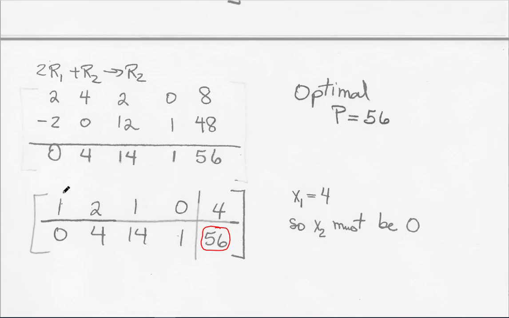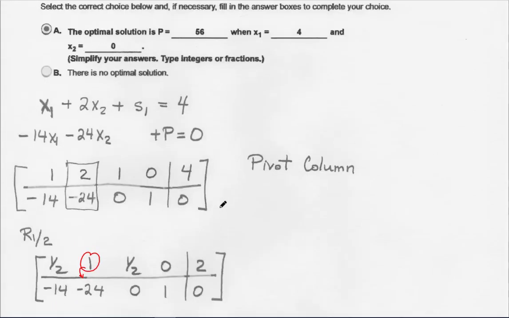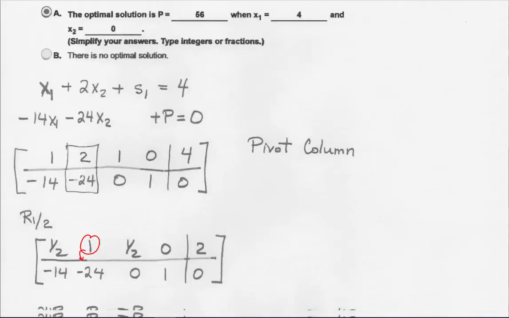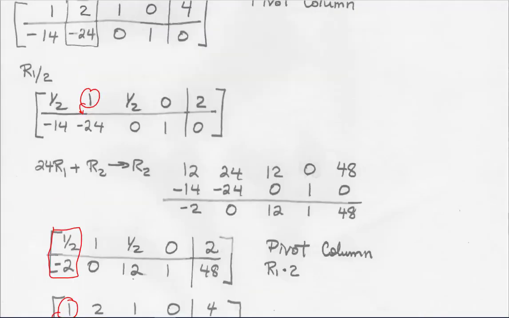So now where were x1 and x2? Here's x1, and that's a 1, so x1 is 4. Now what was my thing to optimize again? That's way up here at the top. We had P is 14x1 plus 24x2. And we just said that x1 was equal to 4.